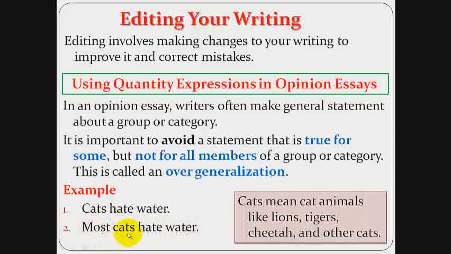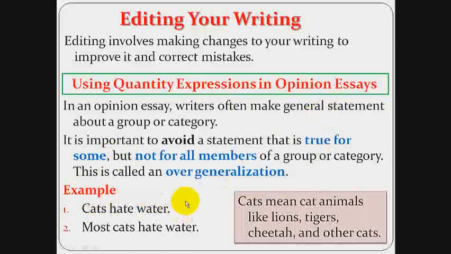It is applicable to what it is conveying, because most cats like lions, cheetah, and other cats don't like water. They hate it. So inshallah, this quantity expression converts our overgeneralization into what? Into a correct statement. So quantity expressions will help you to have a correct general statement.